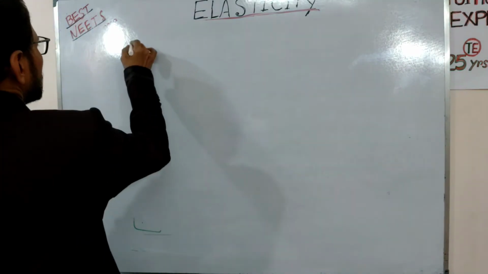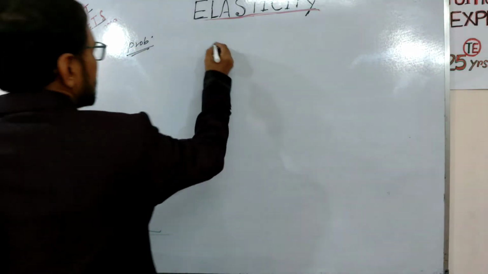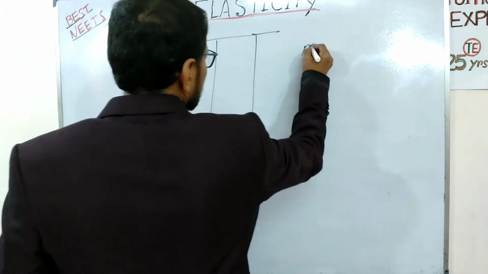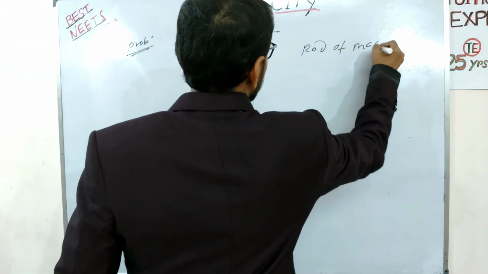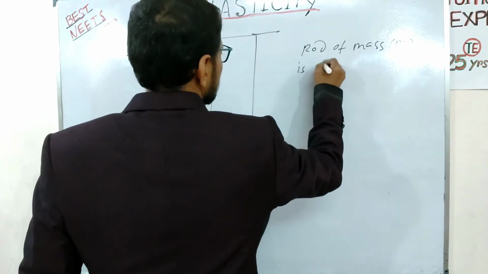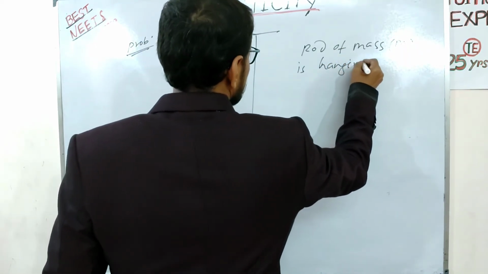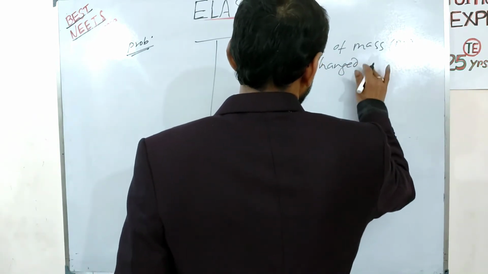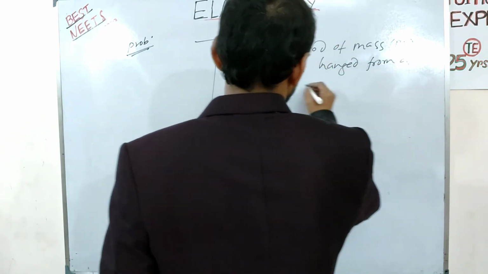Now an important problem. Suppose a rod of mass M is hanged from a roof.